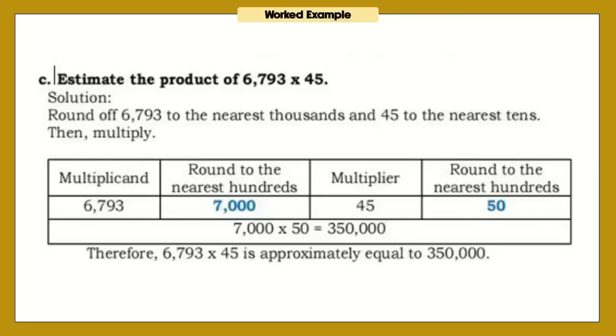Estimate the product of 6,793 times 45. Therefore, 6,793 times 45 is approximately equal to 350,000.